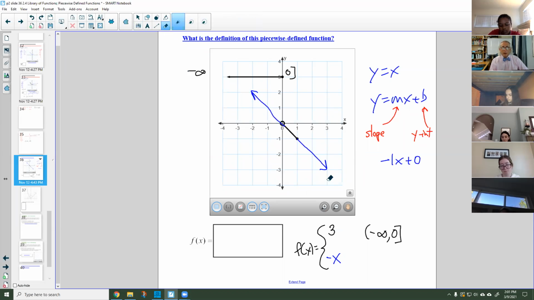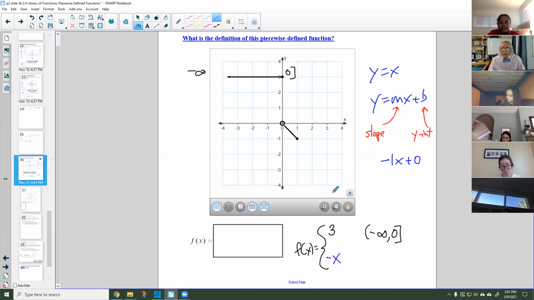But this function has a domain also. All right, I want the farthest left value of this little piece right here. Mia, what is the farthest left x value of that little piece? 0. It is 0. And is that 0 included or not?